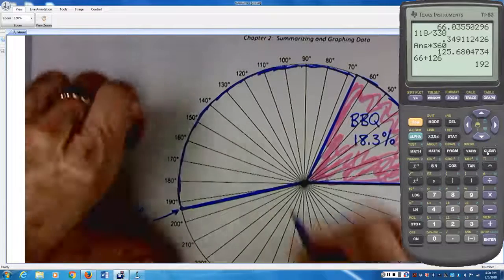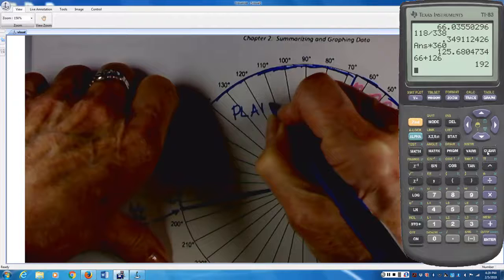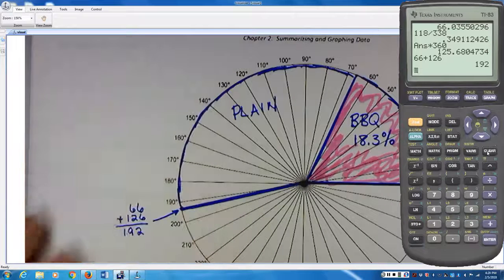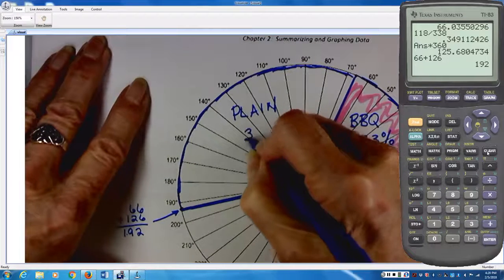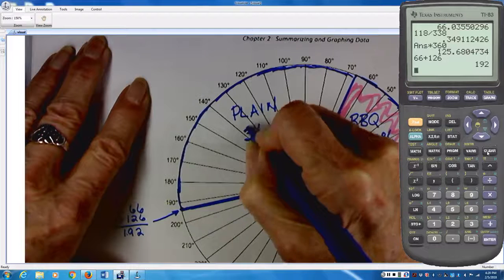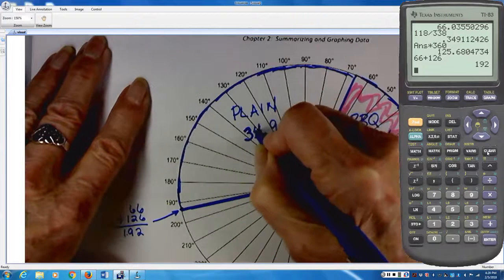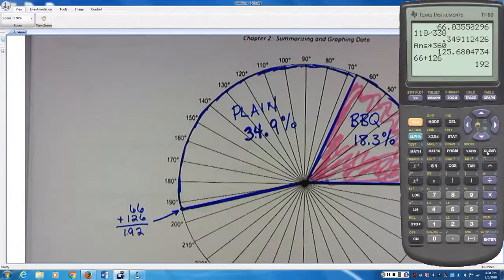This was plain chips. That's your plain chips, and it was 34.9% of the sales. And there's my next segment.